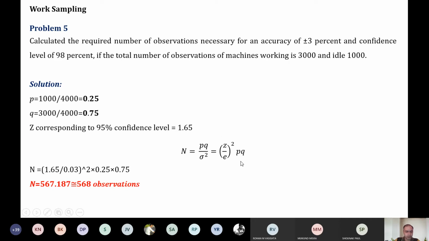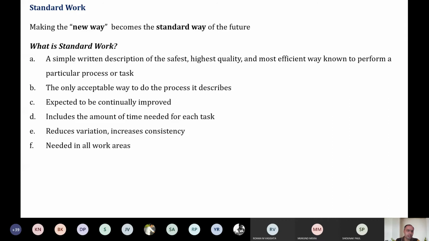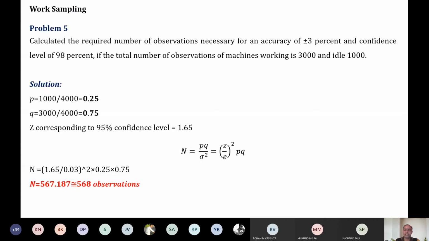Then we are directly substituting those values to calculate the n value. N value comes to 567.18, I'm rounding it off to 568, the next higher number. So this is the number of observations required now, the number of samples I have to check for this action. So this is what we have for work sampling.